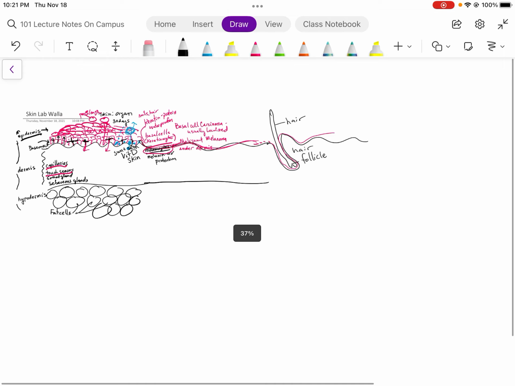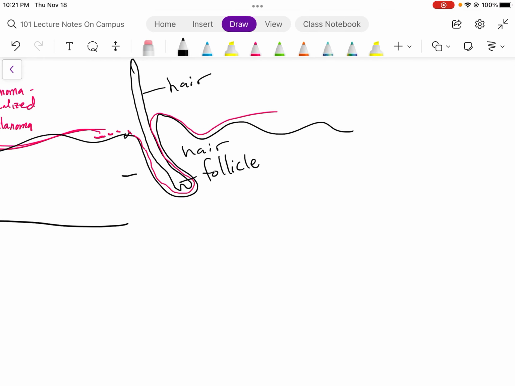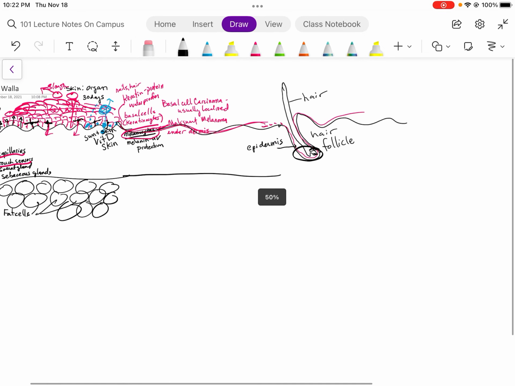If you backed out and took a look, we're in the dermis, but actually the tissue here is epidermis, because it's an epidermis that's been invaginated down into the dermis. So down here, in this area, you basically have cells with a lot of keratin producing the hair at the hair follicle base, all right?